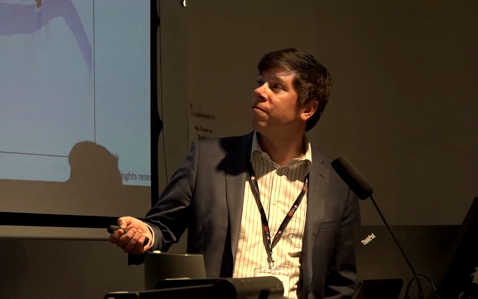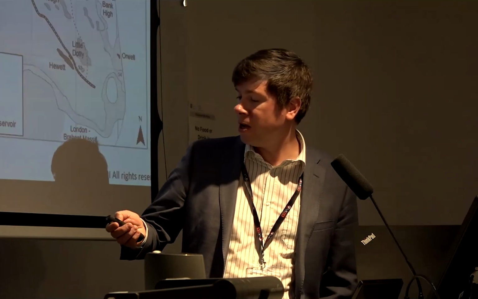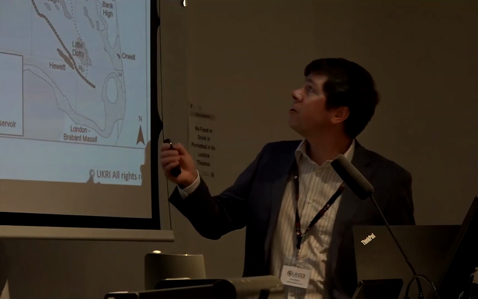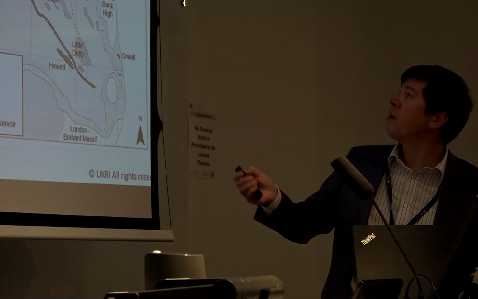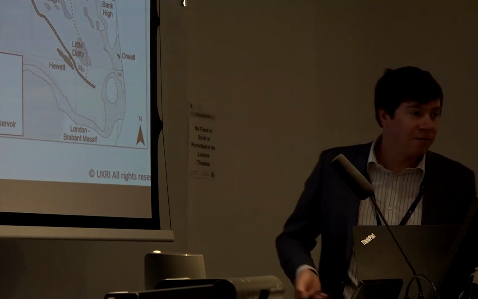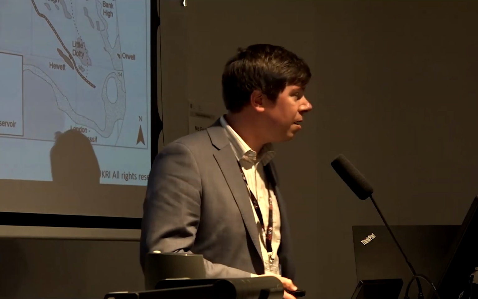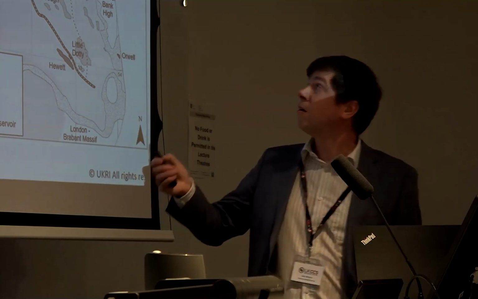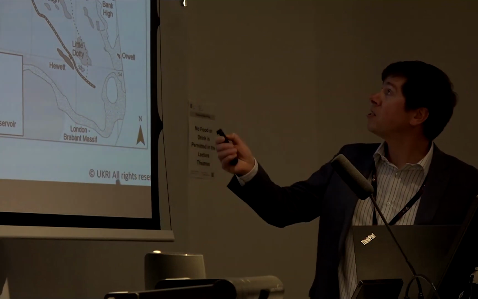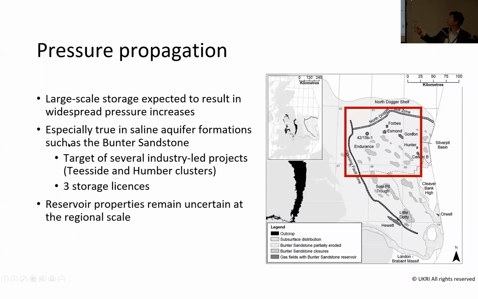The BGS view has always been that this region outlined in the red box represents a kind of single structural compartment. It's bound on three sides by major faults and salt wall features along here and also to the south. So that looks like a fairly closed compartment, if you like.